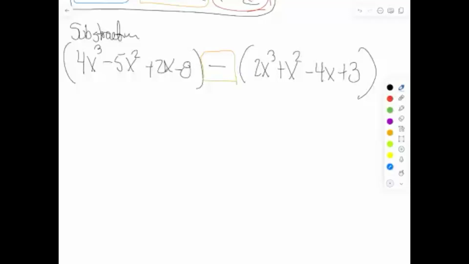Inside this parentheses, this has a positive 2x, right? This is a positive x squared. This is a negative 4. This is a positive 3. But what's going to happen here? Look. What is going to happen here?